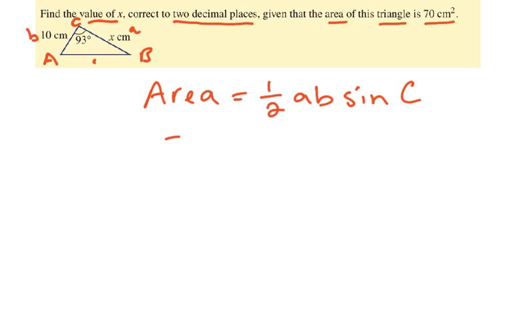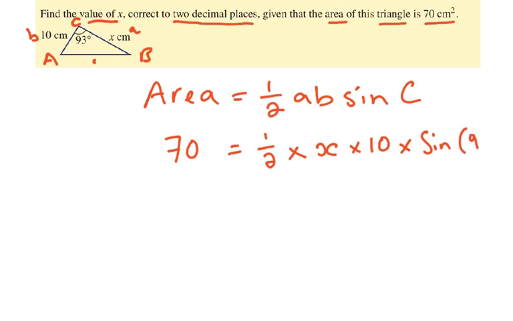Since I've been given the area, it's 70 is equal to half times my a, which is x, times my b, which is 10, times sine 93, which is my angle C. Now I can tidy some things up before I move anything over. So it's going to be 70 is equal to half times 10, which is 5, times my x, times my sine 93.